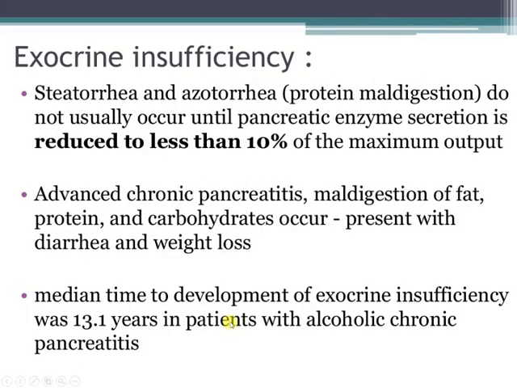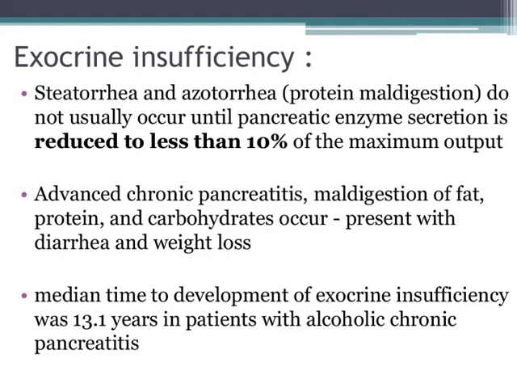Exocrine insufficiency, steatorrhea and azotorrhea, protein maldigestion do not usually occur until pancreatic enzyme secretion is reduced to less than 10% of the maximum output. In advanced chronic pancreatitis, maldigestion of fat, protein, and carbohydrates occurs, presenting with diarrhea and weight loss.